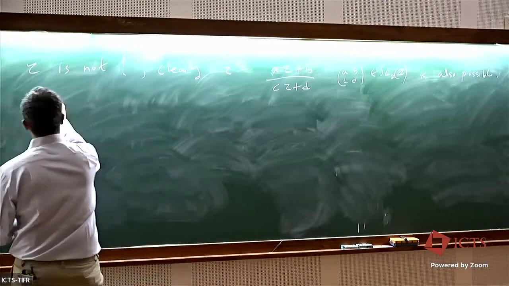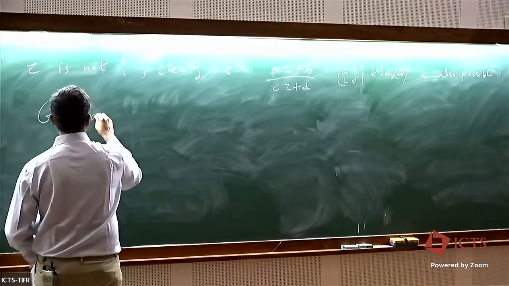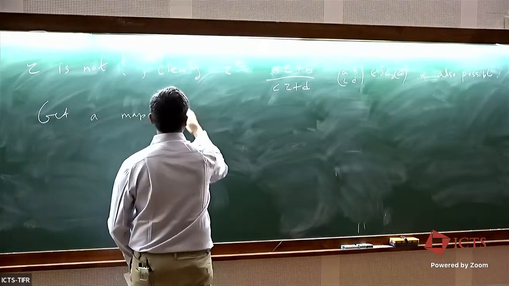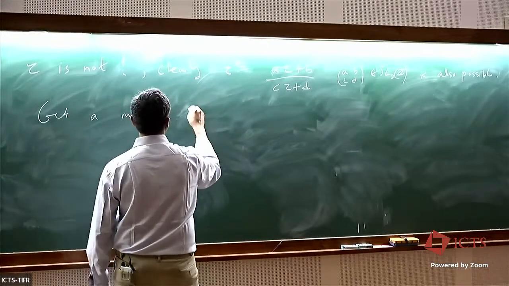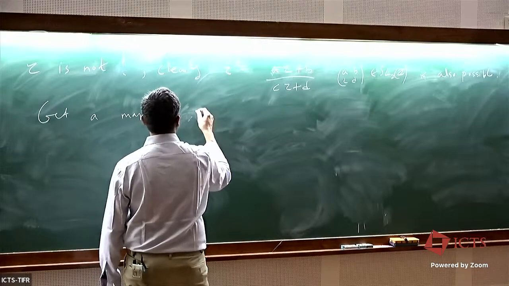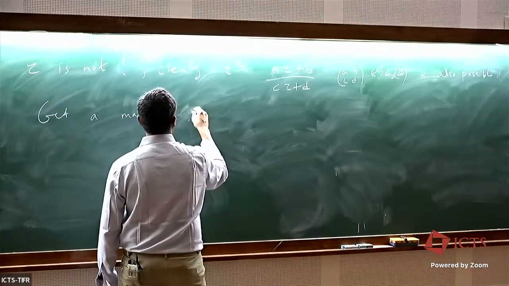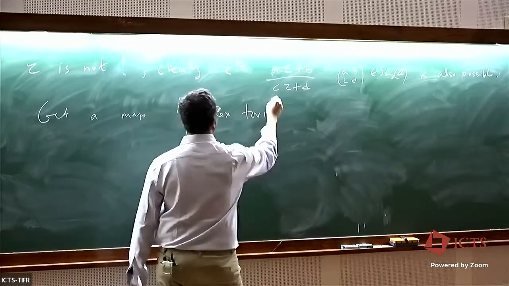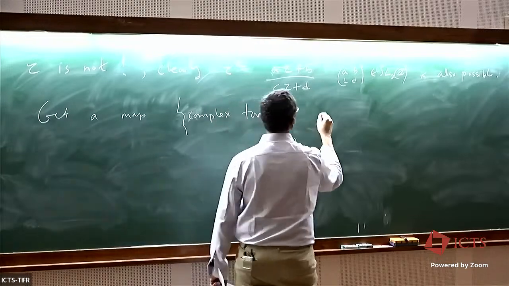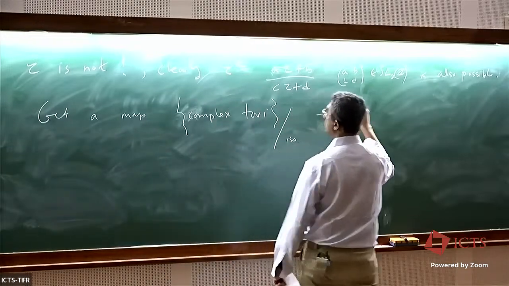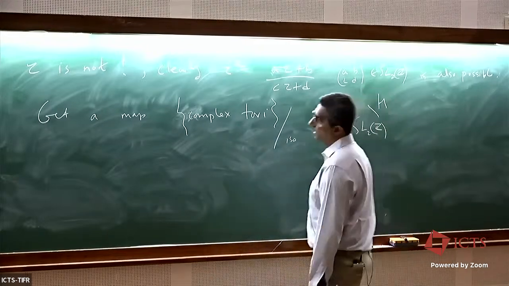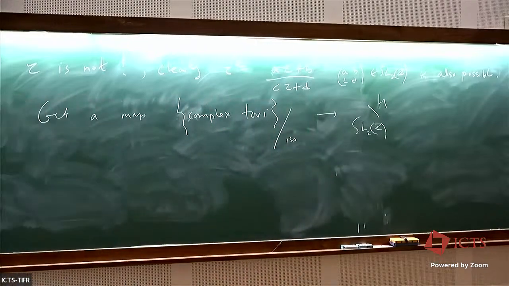So we get a map from complex tori, isomorphism classes, to points in the upper half plane modulo SL2Z. Starting from any complex torus, we just associated a tau, and tau wasn't unique.